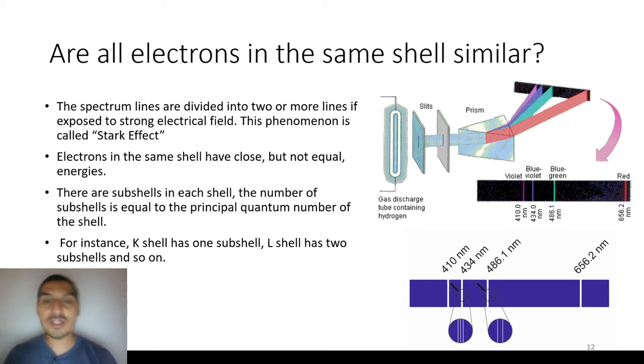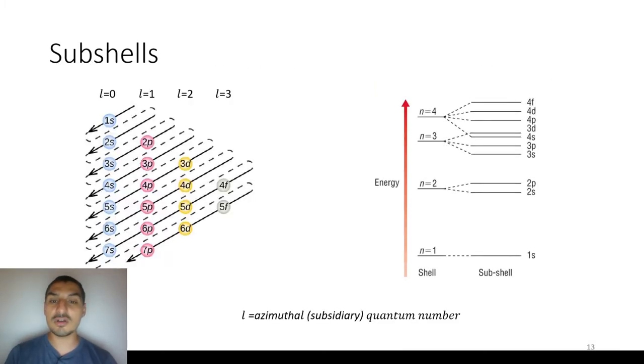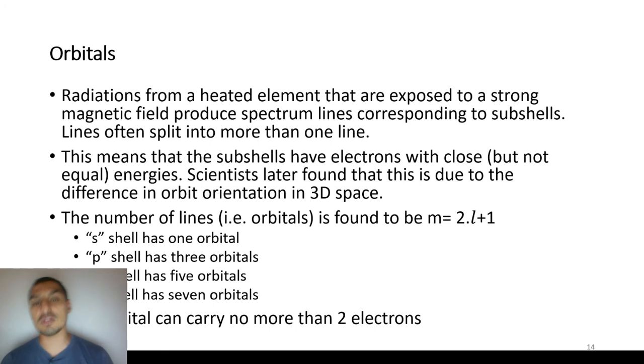The subshell itself is broken into smaller parts, and these smaller parts are called orbitals. It's very impressive. And again, you can think of this as the sun and the planets, and the planets might have what we call moons rotating around them, and then you have rotation inside the rotation inside the rotation, and it's the same thing here.